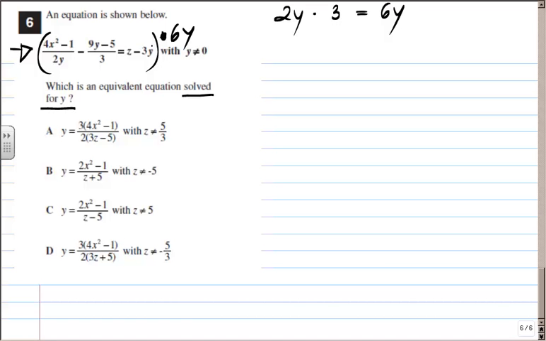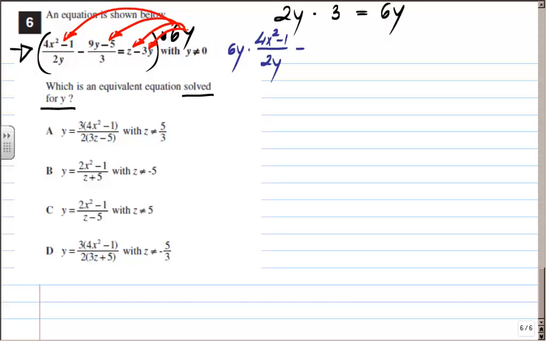Okay, so now, using the distributive property, you're going to multiply that 6y to every term in this equation. I have 6y times the first fraction here, so that will be 6y times 4x squared minus 1 over 2y.